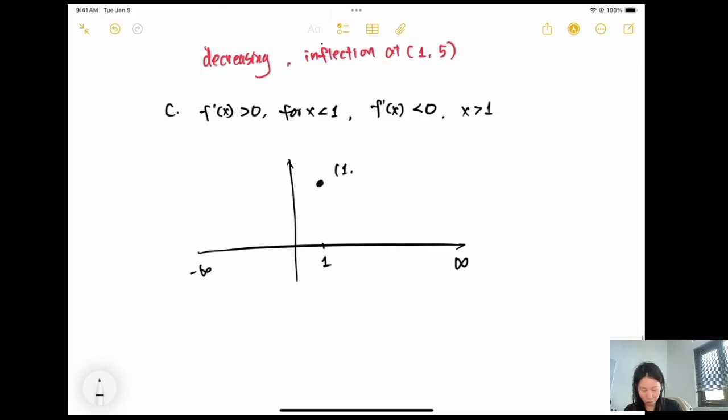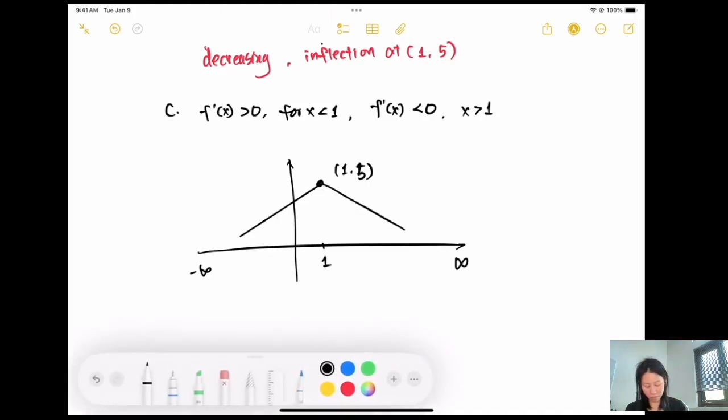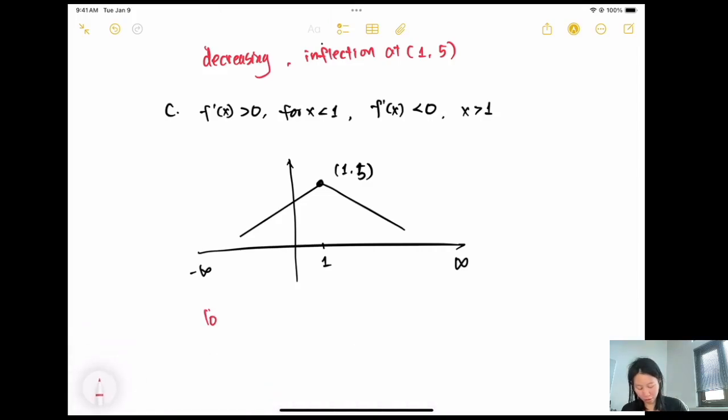Here's the point. And then f prime of x greater than 0 means this is going to be going up. And then after that critical point, on the right side of that point, the graph is going down. So that means this is going to be a local maximum.